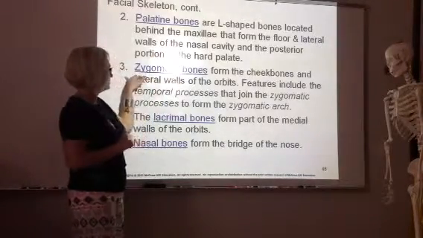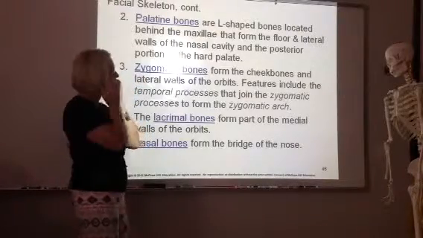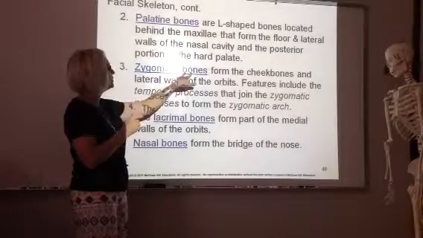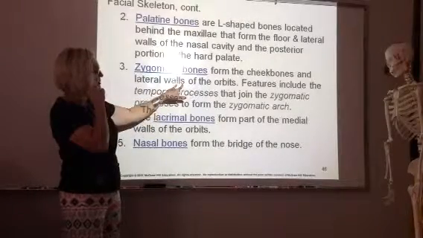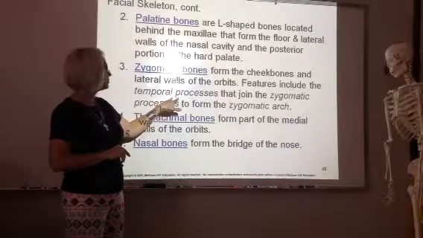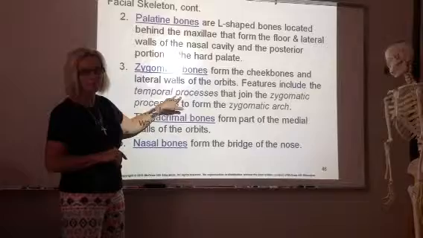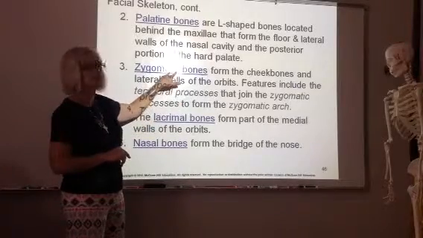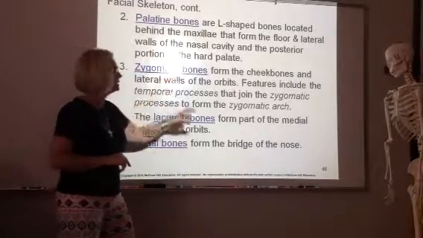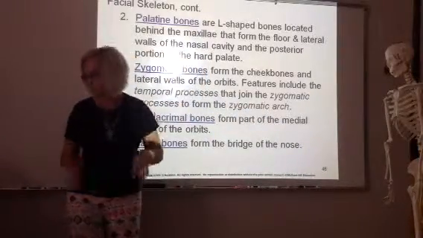Zygomatic, yes, you need to know this one. Zygomatic bones are your cheekbones. Going to go back to the lateral sides of your eyes a little bit. Temporal process, like I said, temporal process on the zygomatic bone. Zygomatic process on the temporal bone.